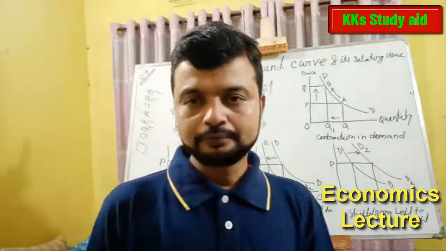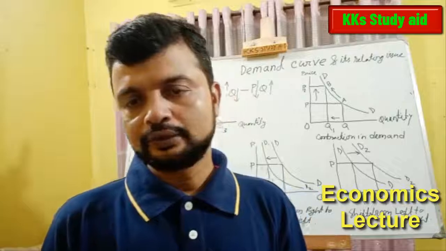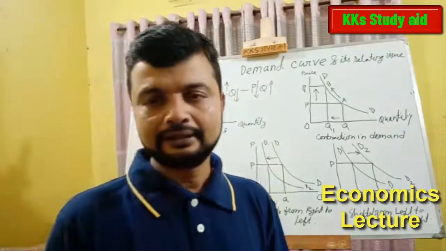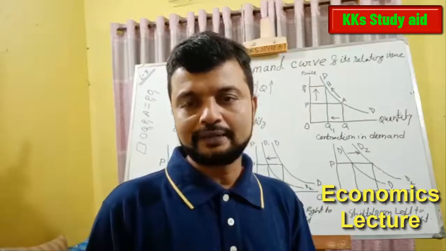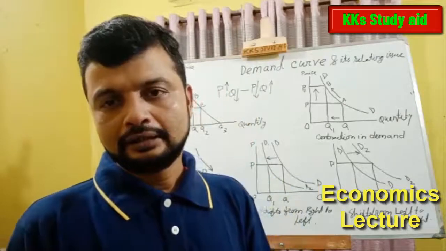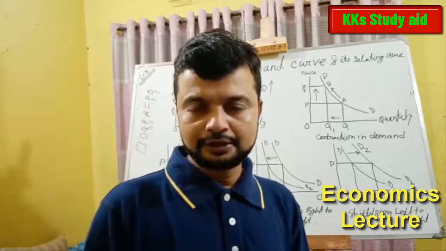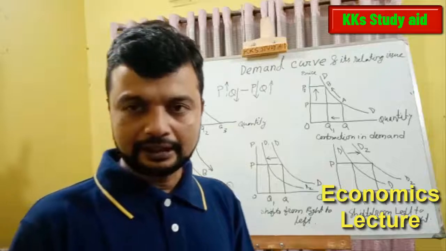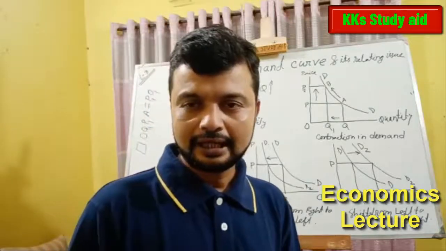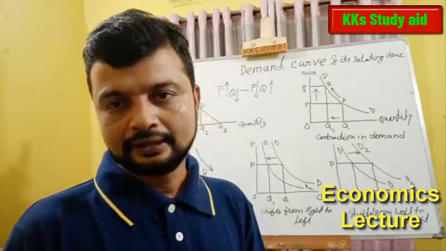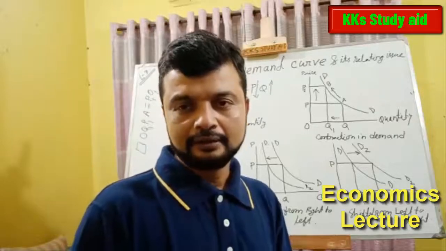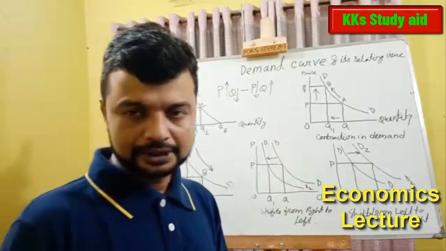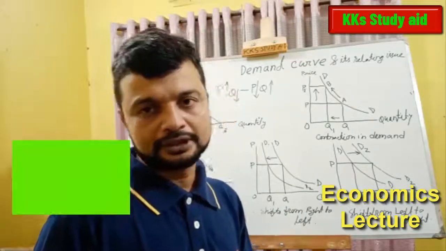When we follow the law of demand, we get the demand schedule. The demand schedule is information about the price and quantity according to the law of demand. The demand curve describes the different quantities at different prices when other things remain unchanged. From the information given in the demand schedule, we can draw the demand curve.